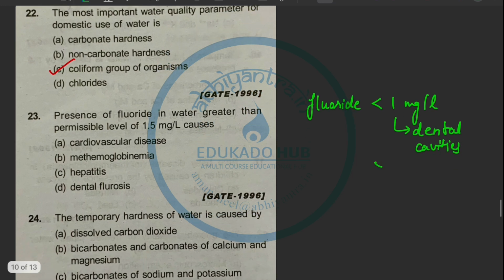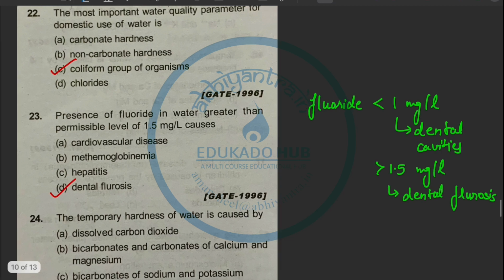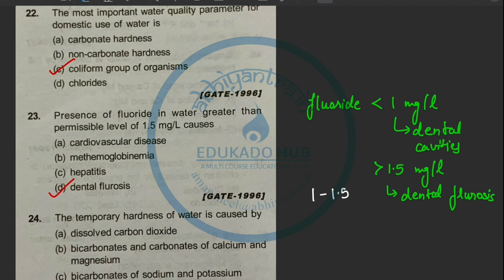And fluoride greater than 1.5 milligram per liter is also not good for our body because it creates mottling of teeth, that is known as dental fluorosis. So the option will be dental fluorosis. We should know that fluoride should be in between 1 to 1.5. This much is needed for our body.